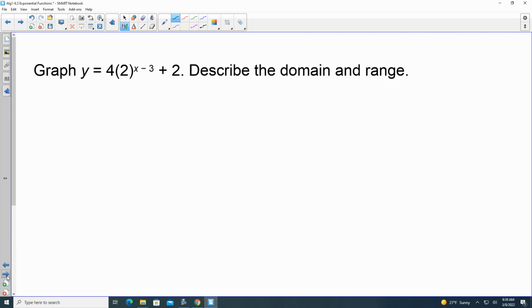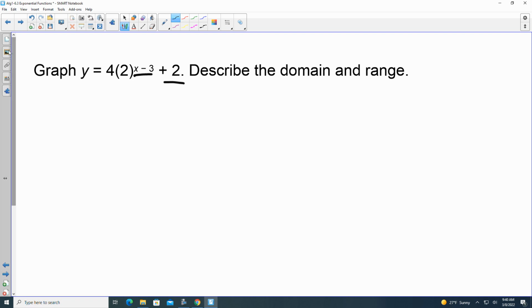Now this one here creates a little bit more variables, because the exponent is now x minus 3, and this one has plus 2 on the outside, which means there is a particular shift in the graph.